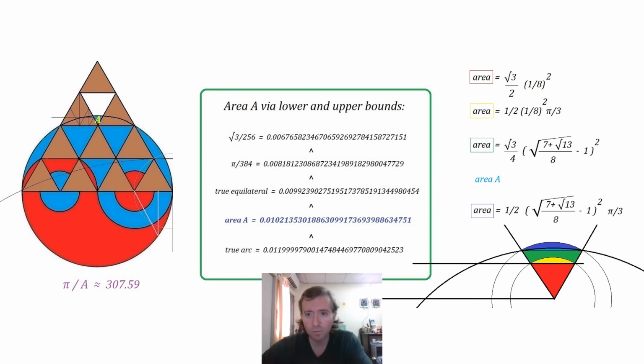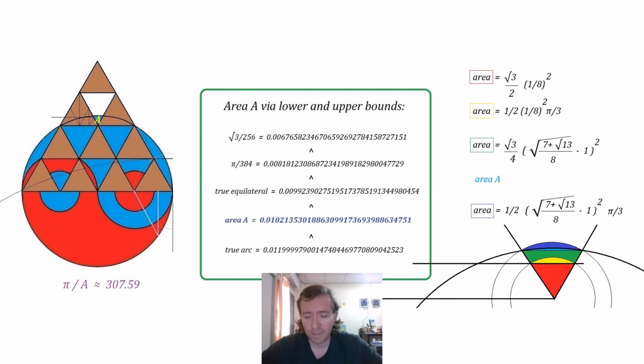So the third one down, root 3 over 4 times the square root of 7 plus root 13 over 8, minus 1, squared, that root term minus 1, that's the hypotenuse of D minus 1, giving you the length of that little leg that you want to use, and then just plugging it into the area formula.